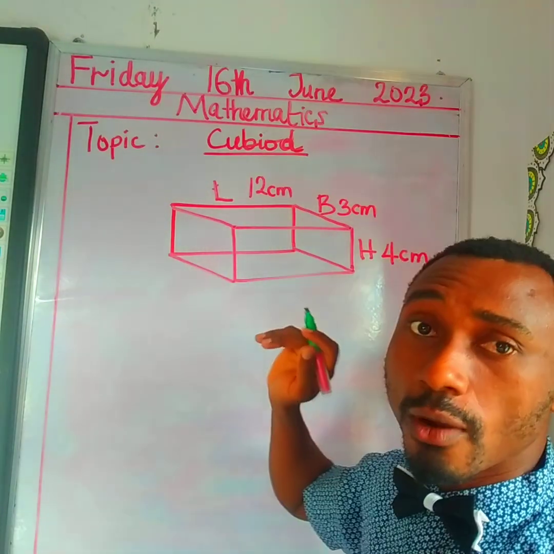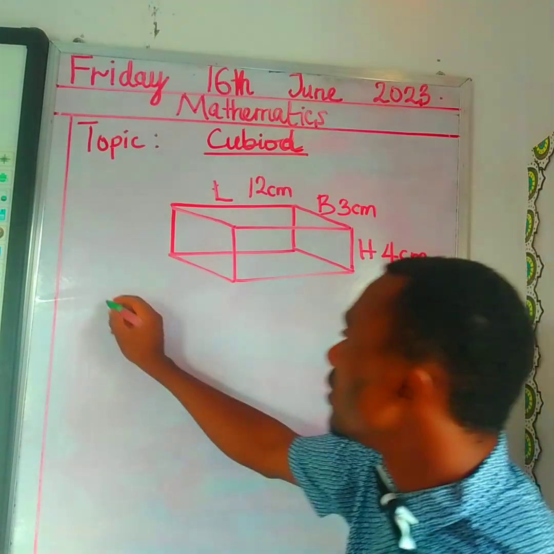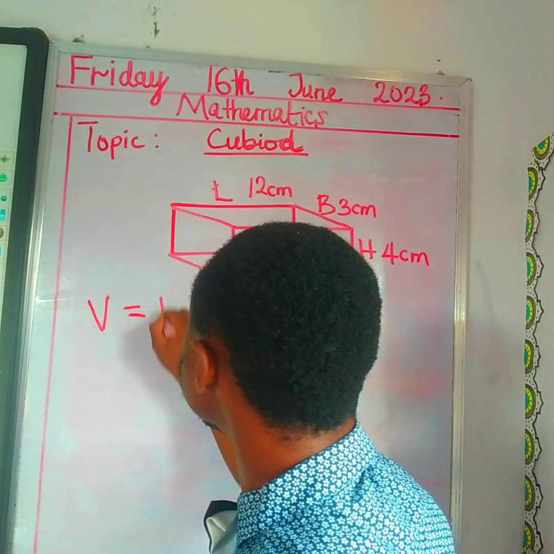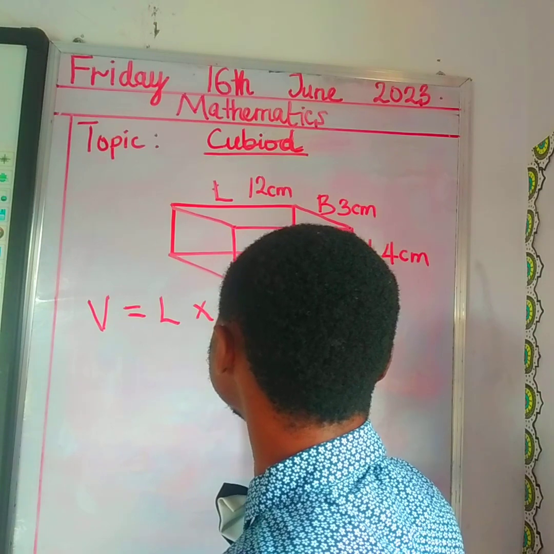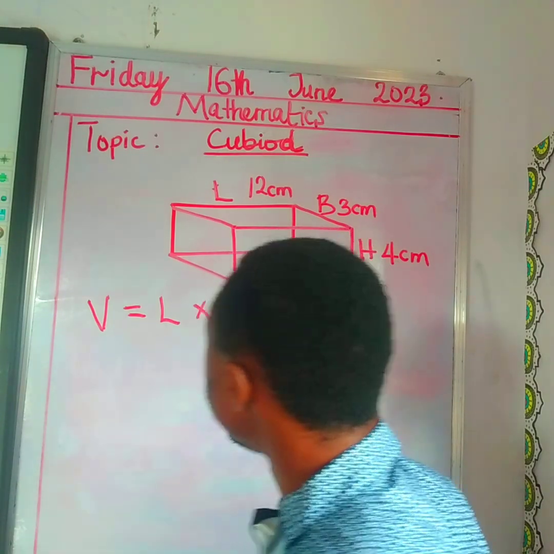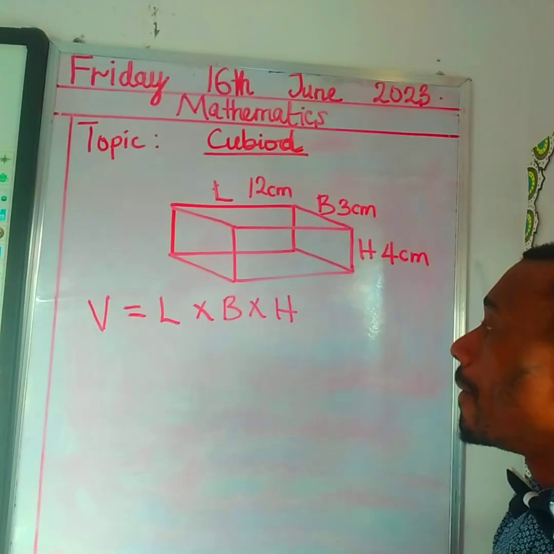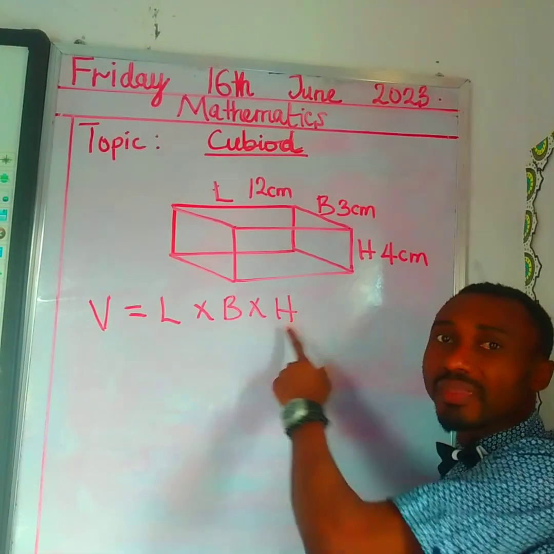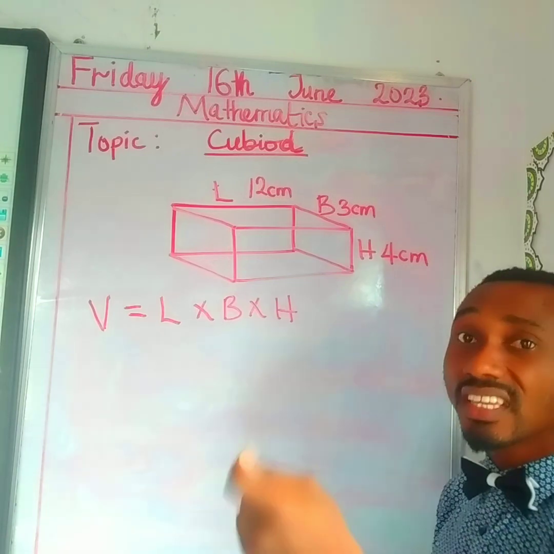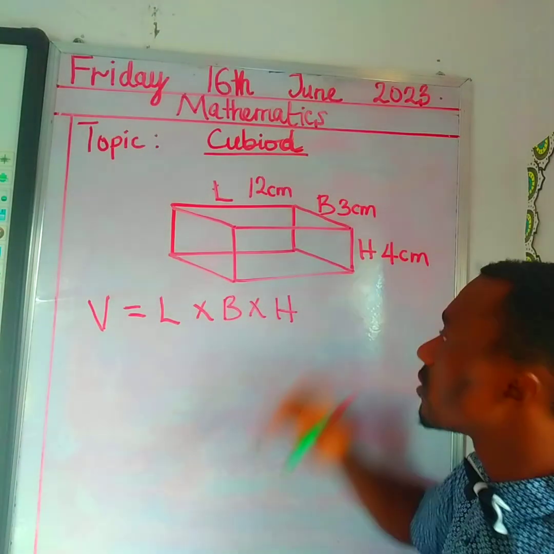To find your formula for volume, you are going to say V equals length times breadth times height. Can you see that? Very easy, very simple. But this formula is a key. If you don't have the key, you won't be able to unlock this question.